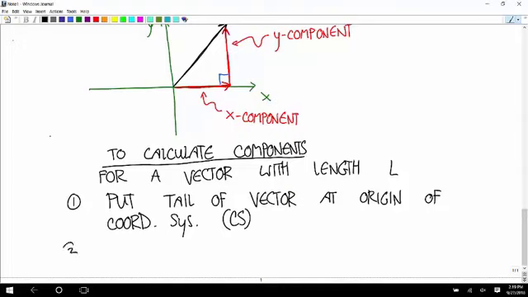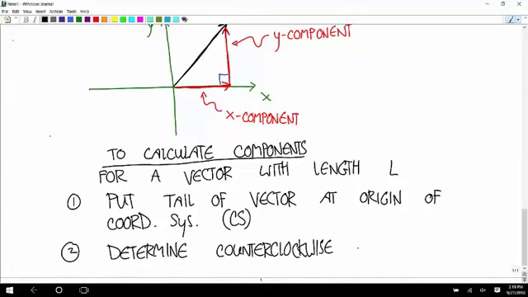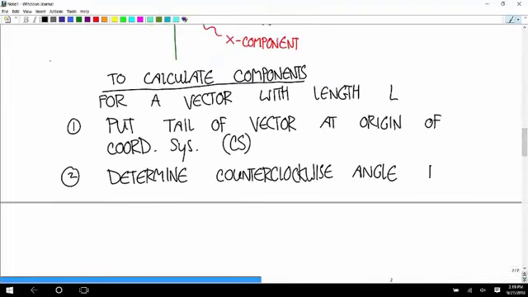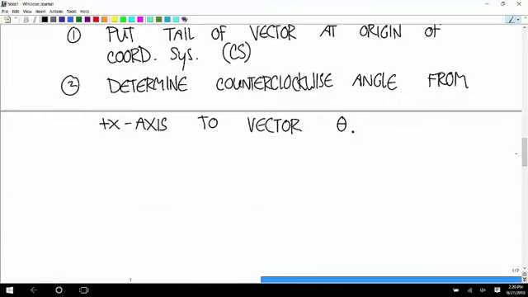Then the next step is to determine the counterclockwise angle from the positive x-axis to the vector, and we're going to call that angle theta. Yes, it has to be the positive side of the x-axis.